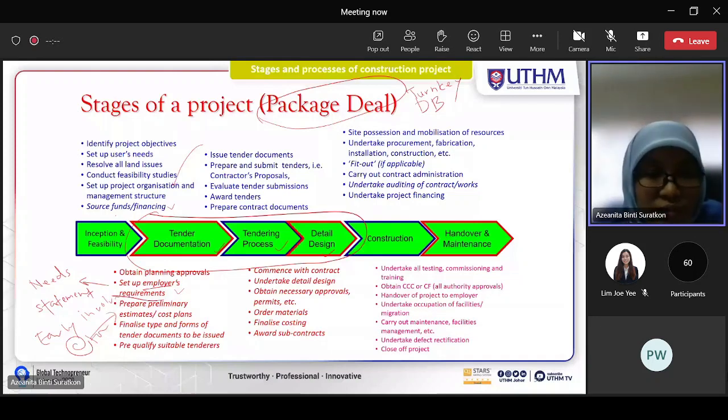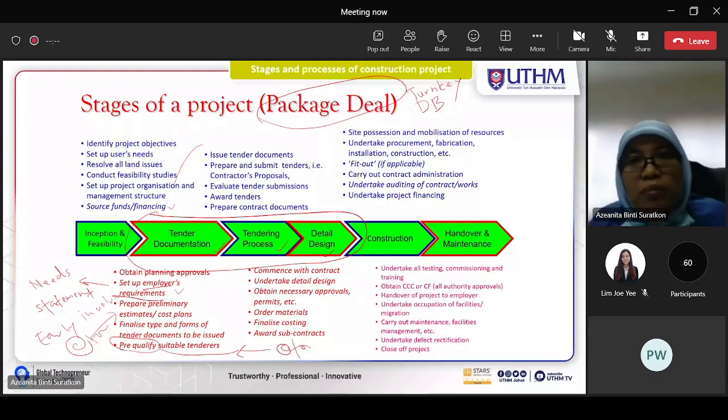So here, based on the employer's requirements or the needs statement, the contractor will come up with this preliminary estimate, cost plan and pre-qualify suitable tenderers. This is normally done by the contractor, or the consultant. Can be many ways.